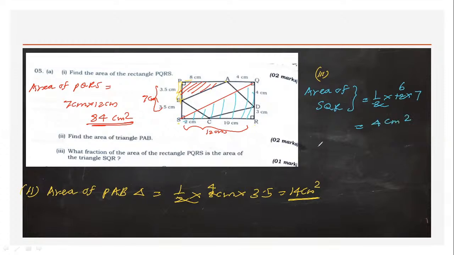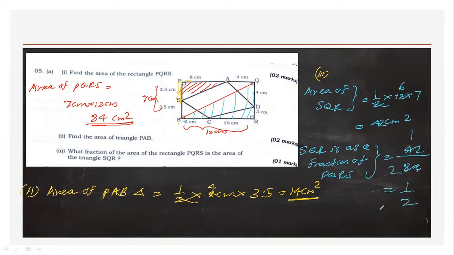They are asking the fraction. Then SQR as a fraction of the whole thing PQRS, it means 42 over 84. It means half.